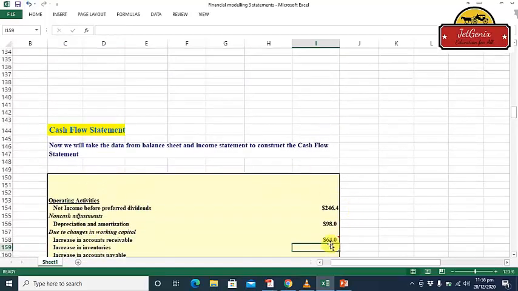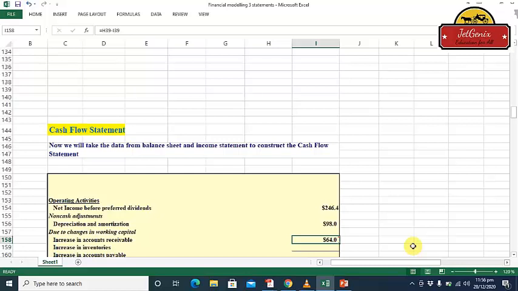Now you can see the increase in the account receivable is 64 million, but one thing you have to consider is that we have paid this 64 million dollars, so it is a cash outflow. That's why it must be reported in parentheses, which means that this is a negative cash flow, not a positive.